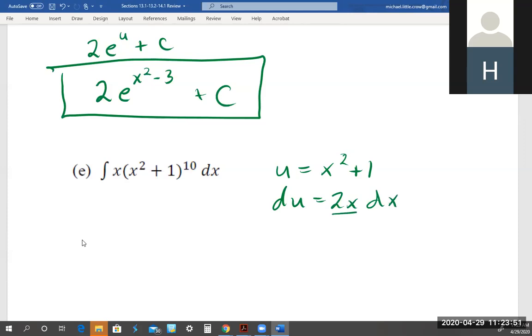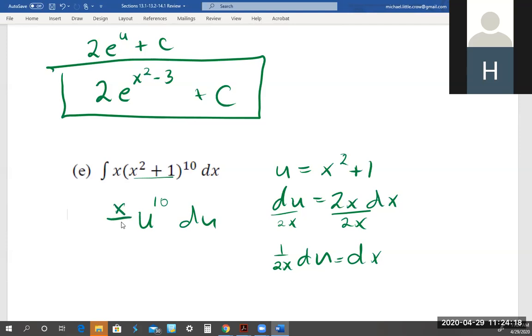Get dx by itself, so dx will be 1 over 2x du. Then we make the substitution. This becomes u to the 10th power, dx becomes du, and this 1 over 2x comes out front.